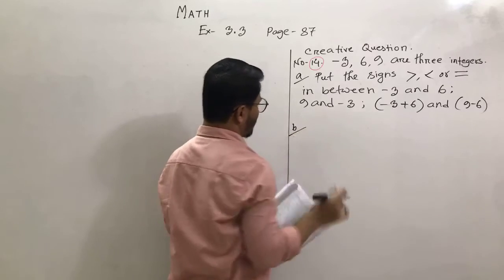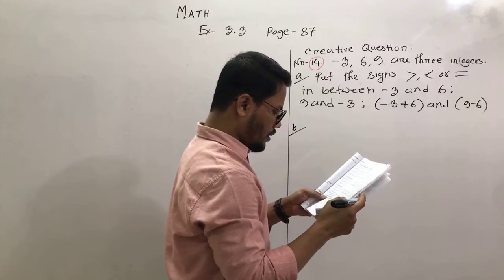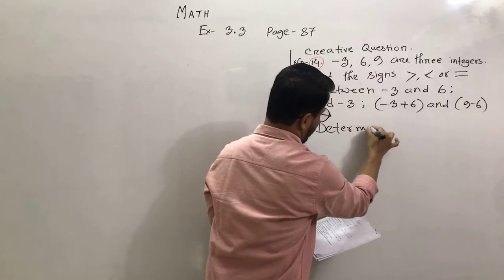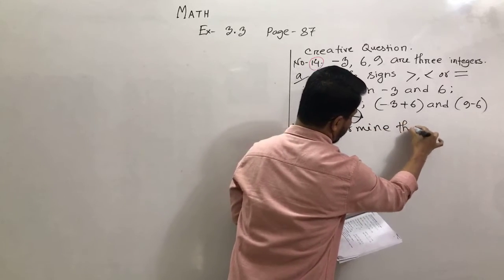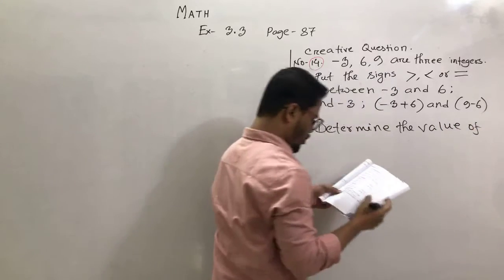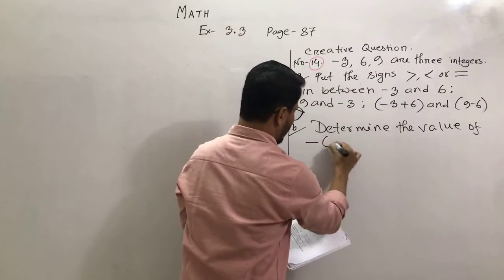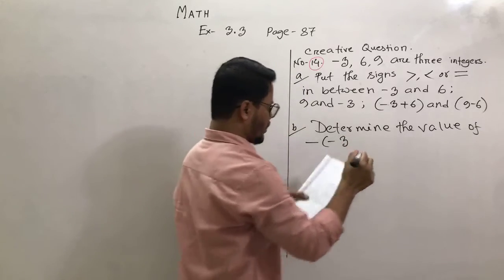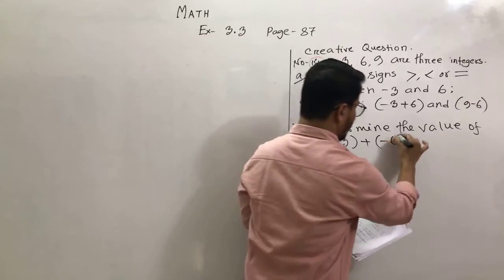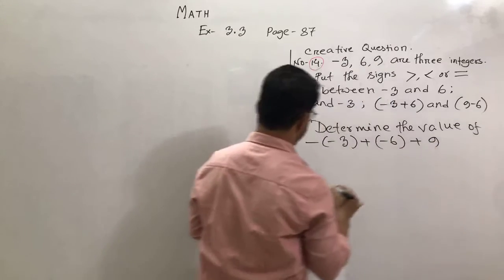Question number B: determine the value of -3 plus -6 plus 9.